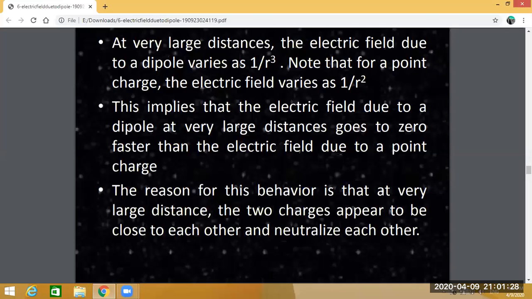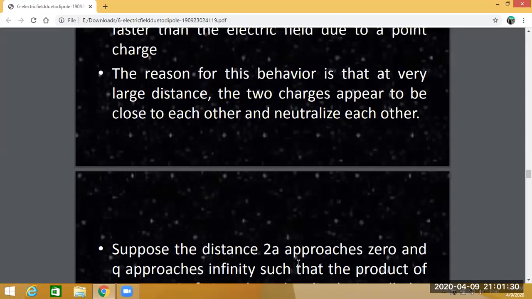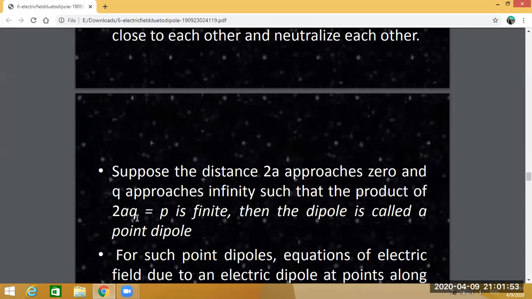Okay, suppose the distance 2a, that is the dipole length, approaches 0. That means if the dipole length decreases to approximately 0, and Q approaches infinity, that is, the charge on the dipole increases to infinity, such that the product 2aq, that is the dipole moment, equal to dipole length into charge, stays finite.